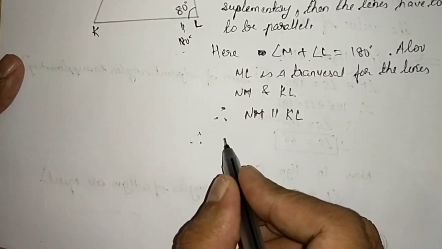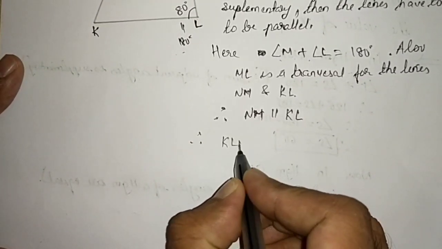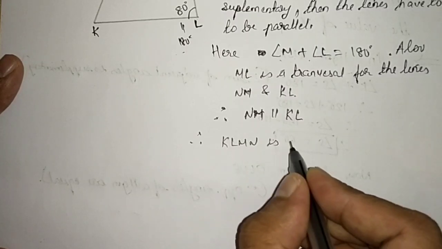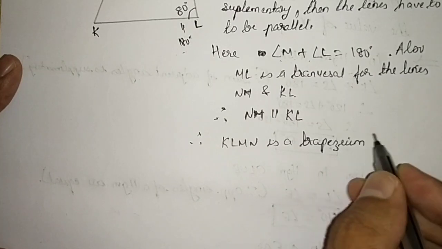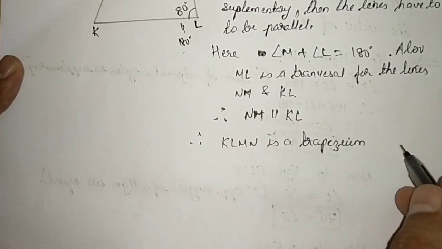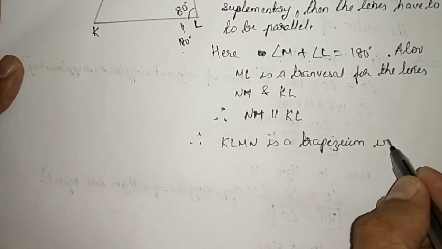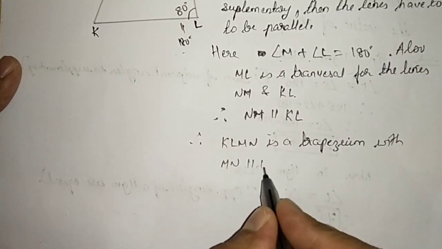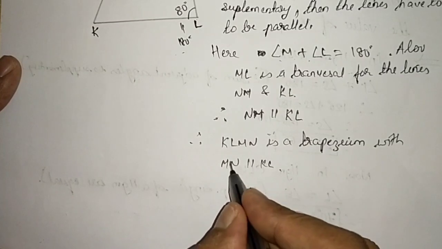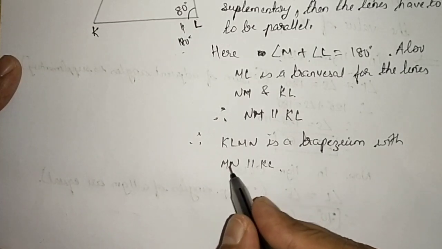Therefore KLMN is a trapezium with MN parallel to KL. They have told us which are the two lines that are parallel.